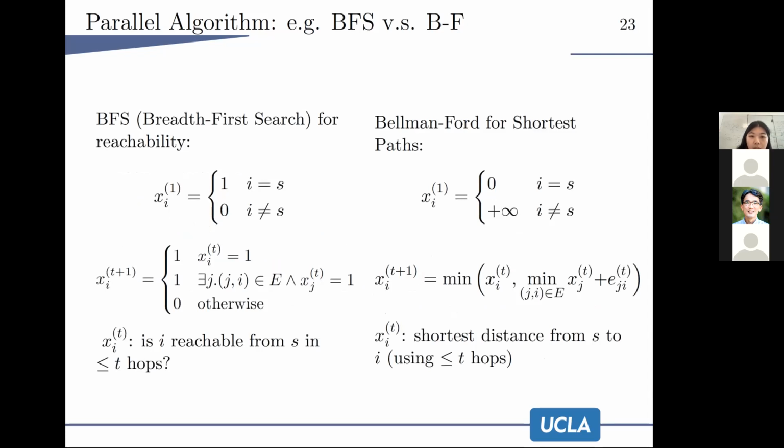And this was the page that we were just on when we were talking about some possible applications of this work. So the breadth first search for reachability and the Bellman-Ford algorithm for the shortest path, they are actually here. Comparing them together, we found that there are some sort of subroutines.